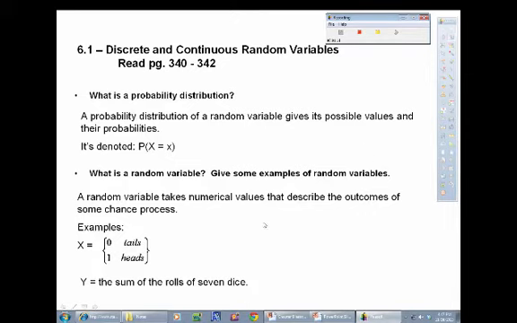Some examples would be if you were flipping a coin and the number of heads that came up, 0 would be for tails if tails came up, and 1 would be for heads. Or the sum of the rolls of 7 dice. Those are examples of random variables.